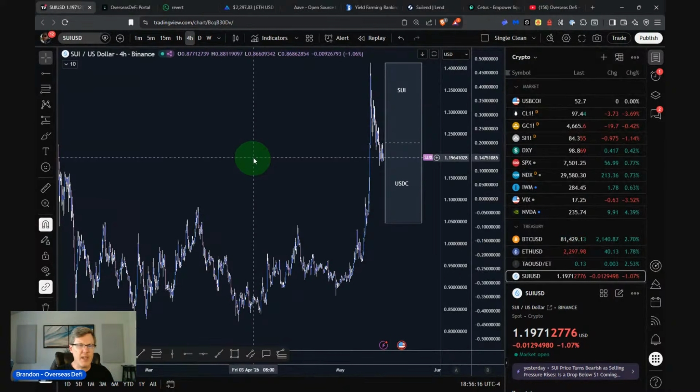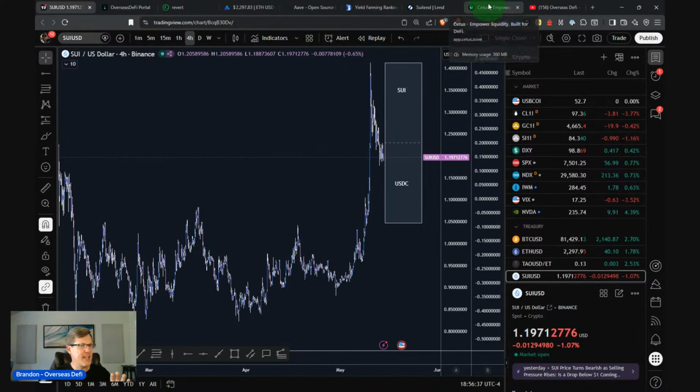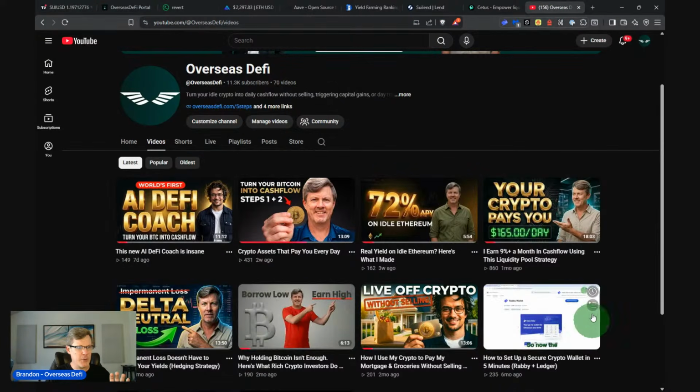You can buy a little bit of SWI on Coinbase. If you don't have any crypto and you want SWI, you'll have to buy at least a few dollars worth of SWI and send that from your Coinbase account to your Slush wallet. And by the way, setting up your Slush wallet is exactly like the other wallet app that we like to use here at Overseas DeFi, which is called Aave.